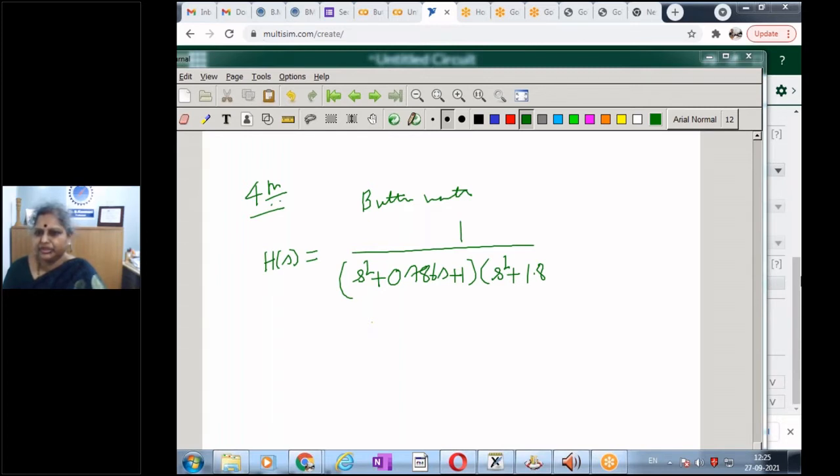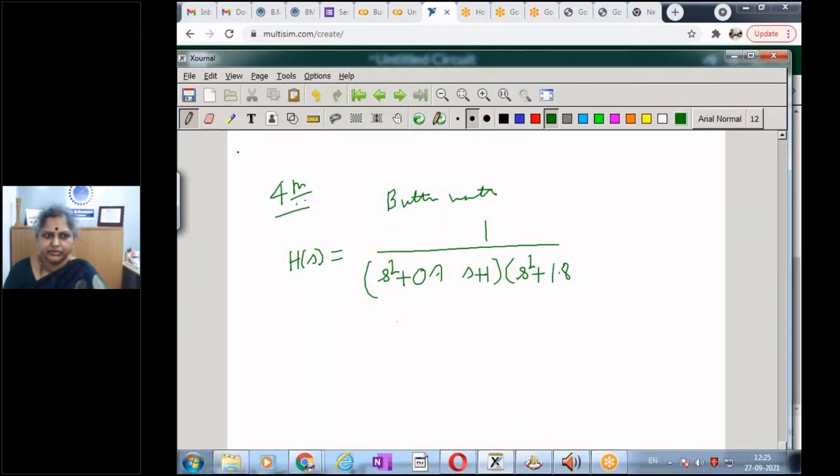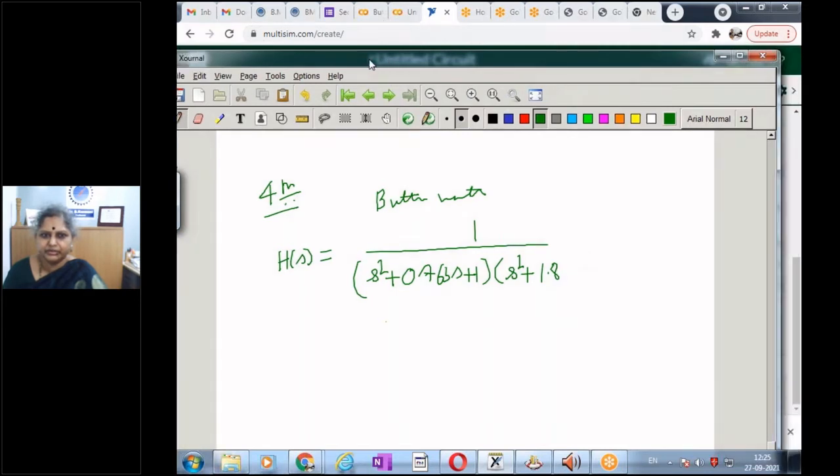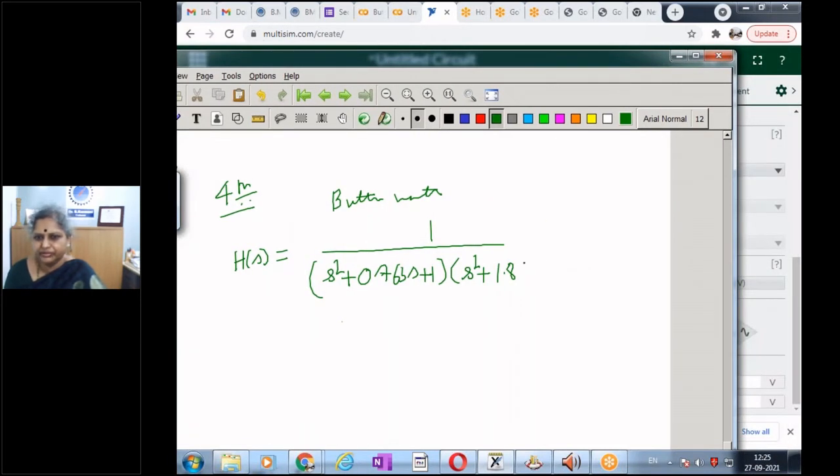Yes, 1.848, 1.765, and 1.848, plus 1. So this is my transfer function of the fourth order filter.